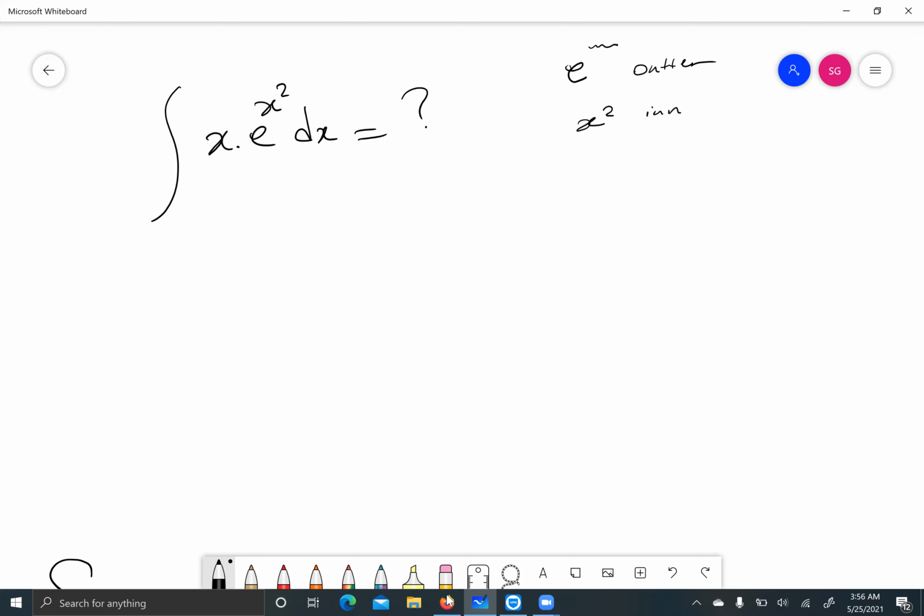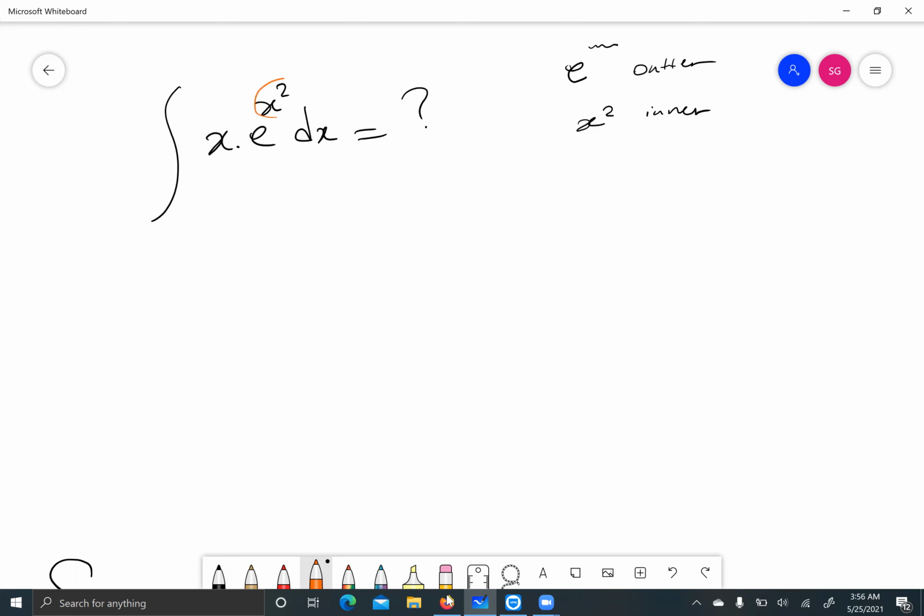When you see e to some power, that's an exponential function, but inside the variable is x squared. x squared is a power function. So this is the inner function in this case.